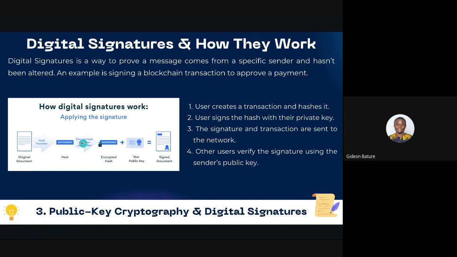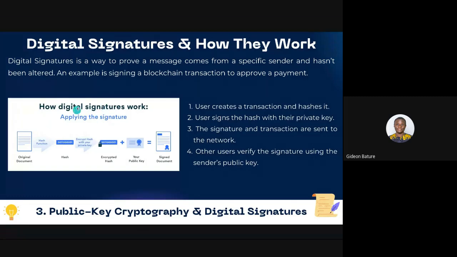All right. So now we have an encrypted hash. After this encrypted hash, of course, you combine it at this stage, you add the person's public key. All right. Now, once you do all of this, what it gives you is a signed document.